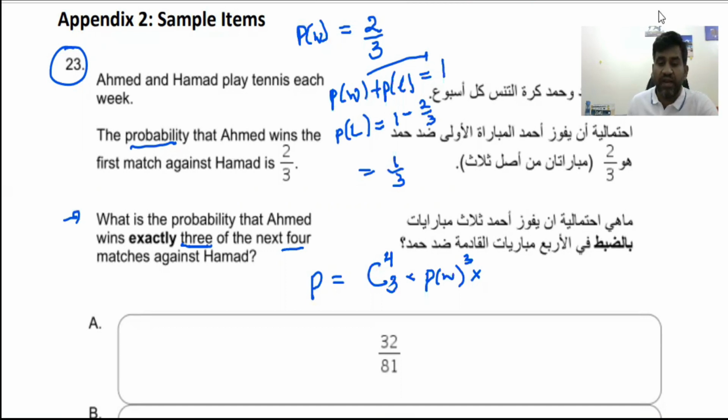So I write probability of lose, P of L, to the power of the total number of matches we need to play, 4, minus the number of matches we need to win, 3. This is the simple basic formula we require.